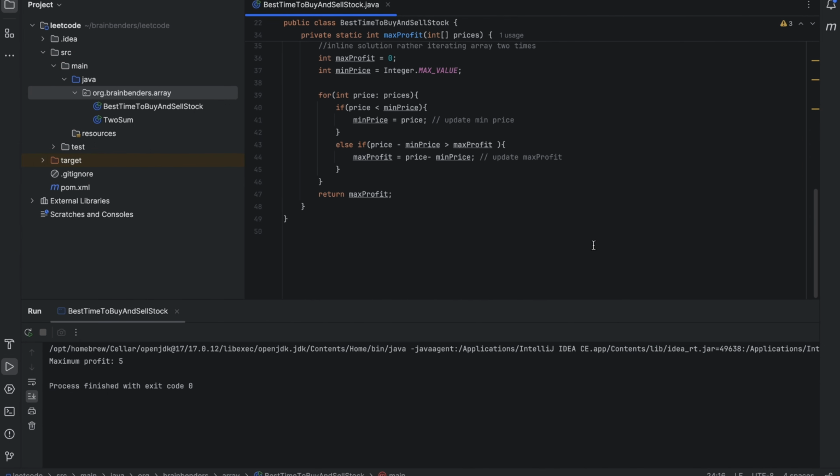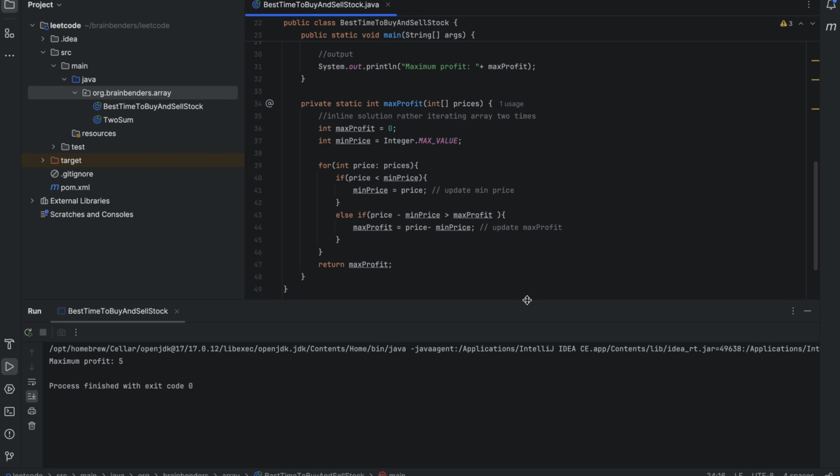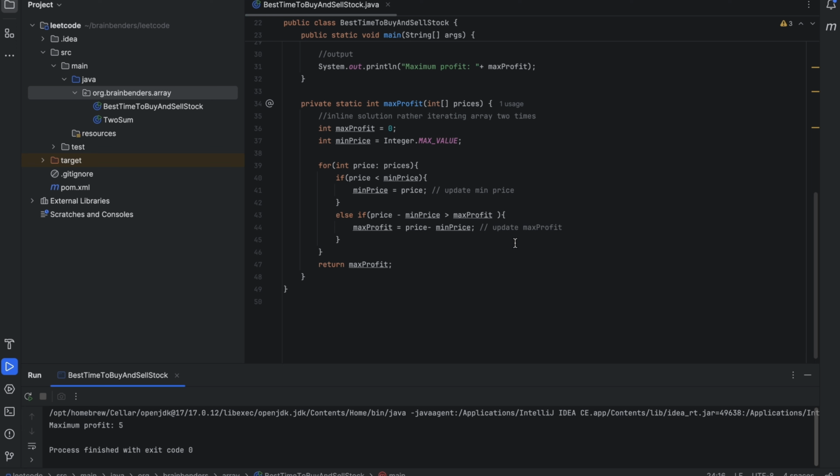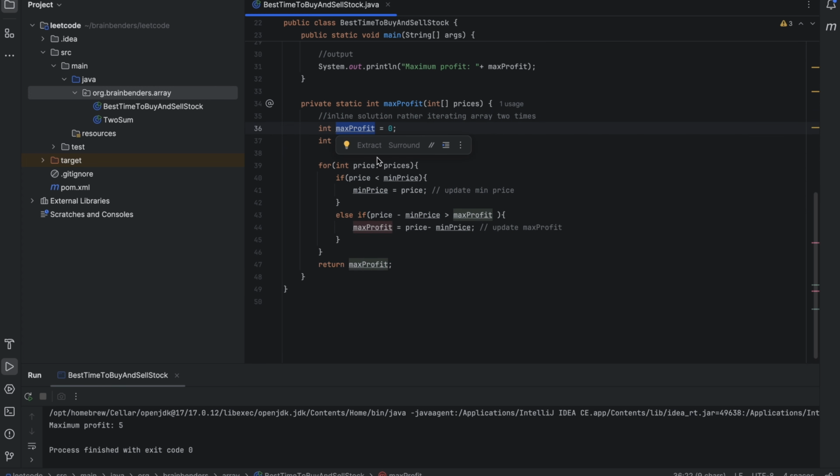When it comes to the time and space complexity of this solution, you see here we have not used any data structure to store anything; these are simply variables that take some bytes.